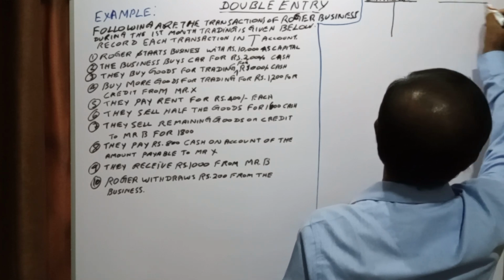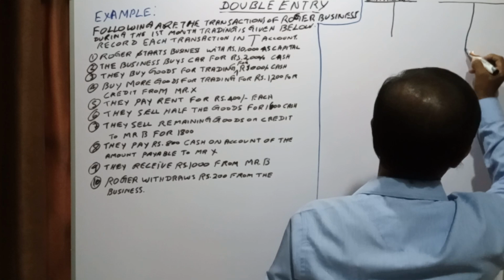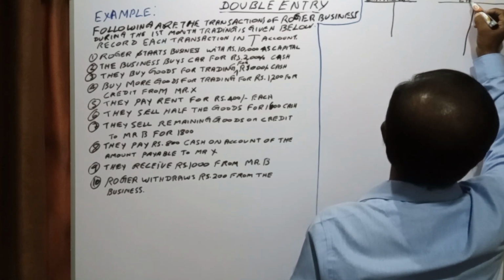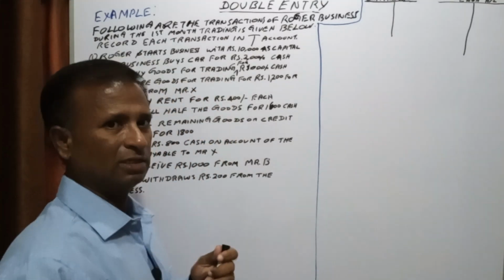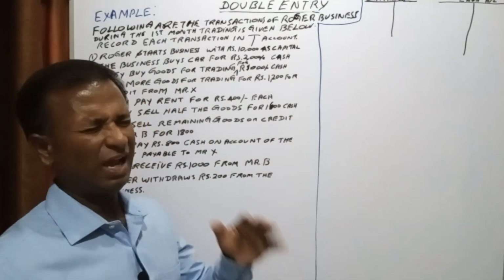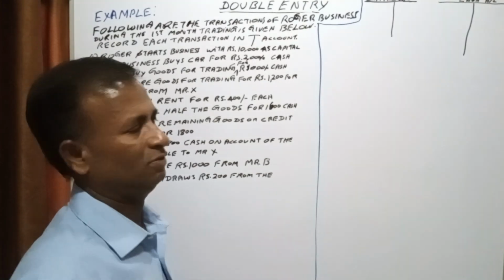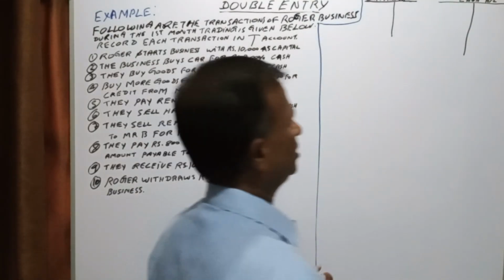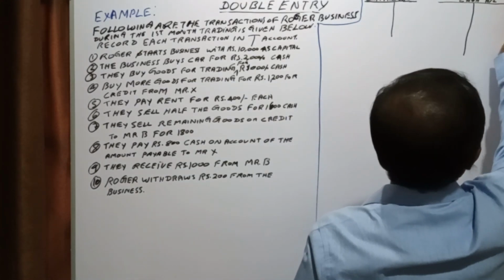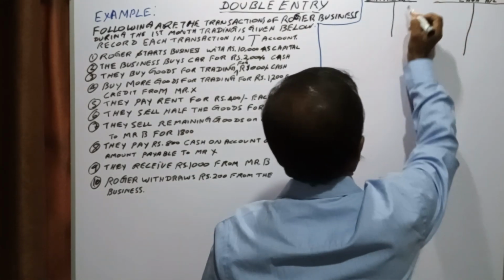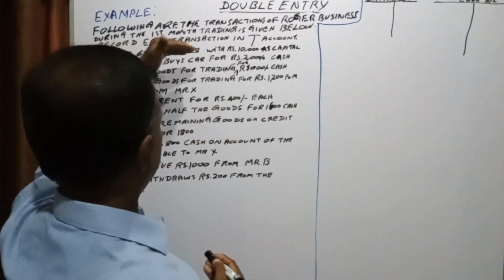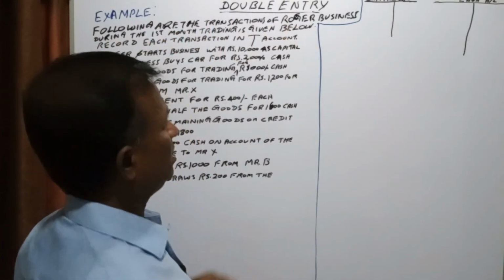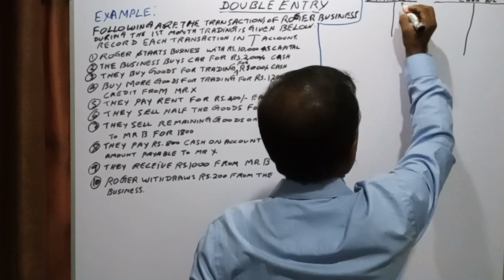Okay, this is the cash account. Cash is a current asset, so it will always have a debit balance. Keep it in your mind. So the capital account: when Roger starts business with rupees 10,000 as capital, then the capital account will be credited.